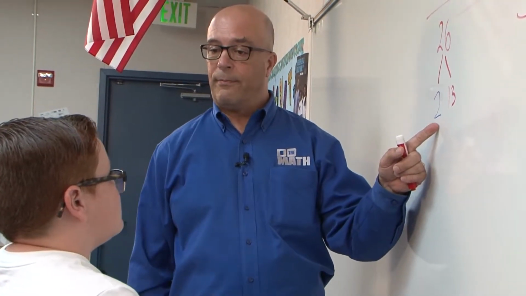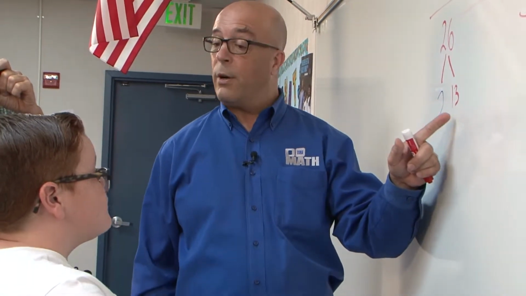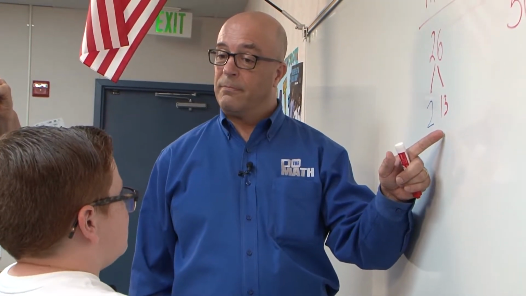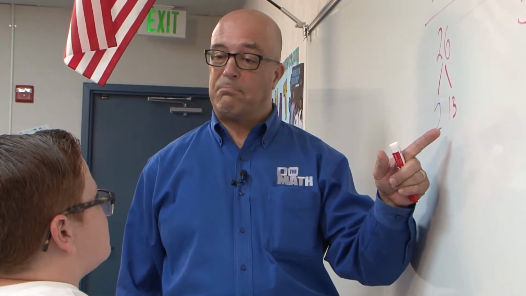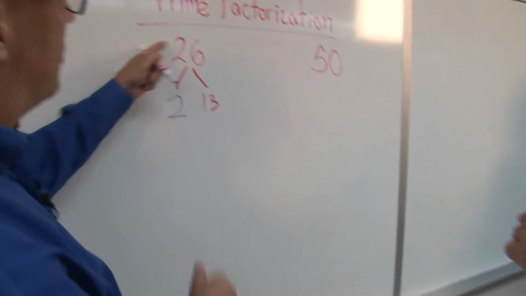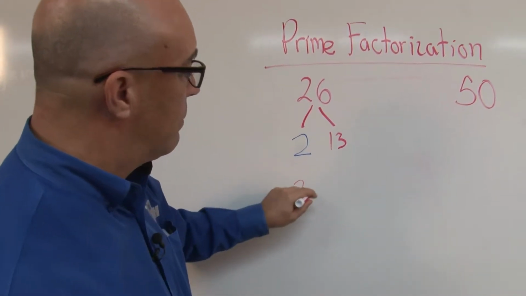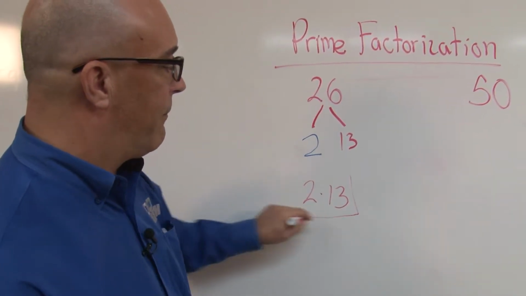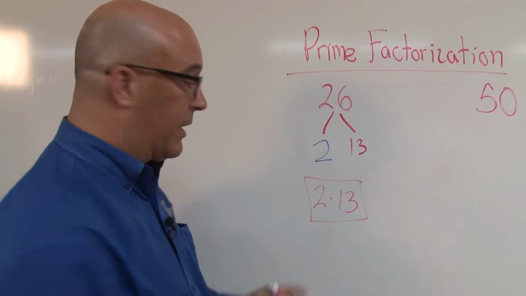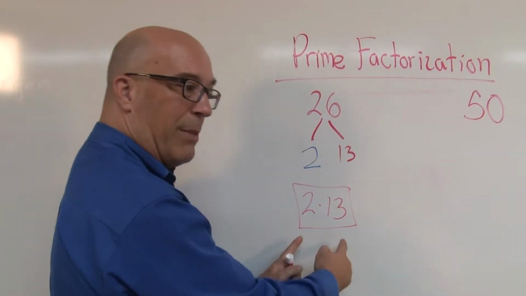Is there anything besides 1 and 2 that will go into 2? No. Is there anything that will go into 13 other than 1 and 13? No. So 26, when we prime factor, is 2 times 13. And that's the answer, because these are both prime numbers now.